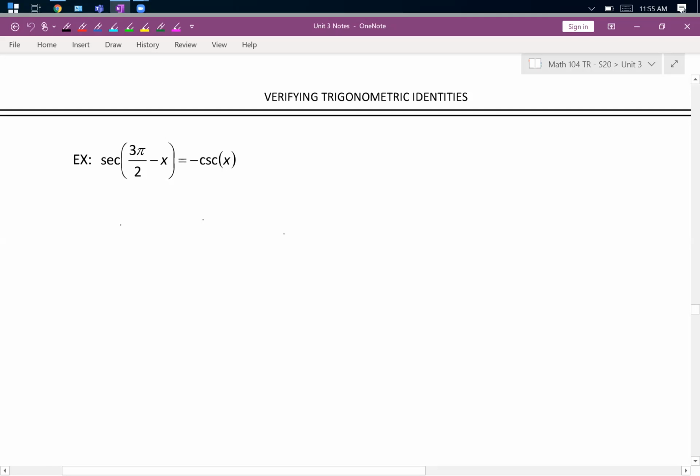All right, so I've got to get from an argument of 3 pi over 2 minus x to just an argument of x. Ideas on what we can do here? Well, I don't have any formulas for secant and cosecant, do we?